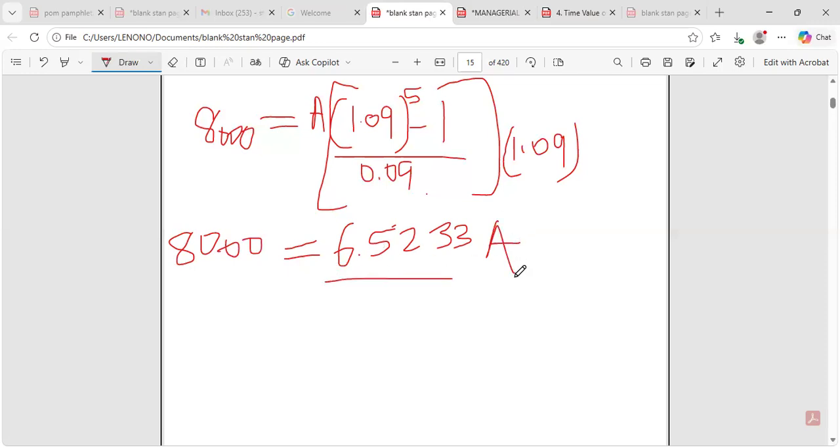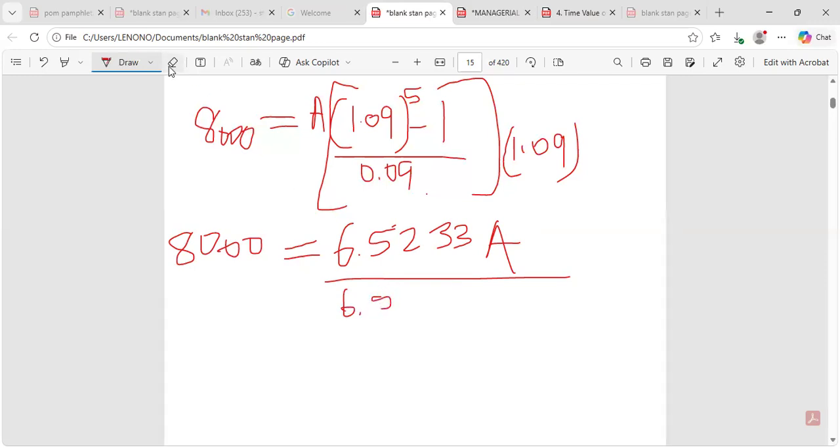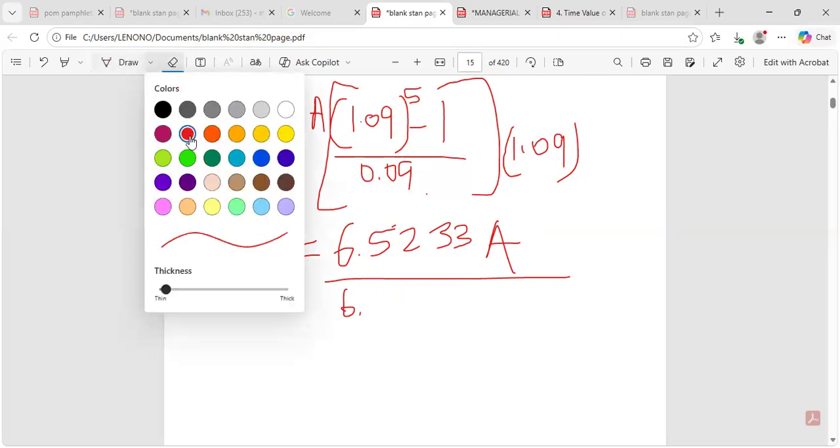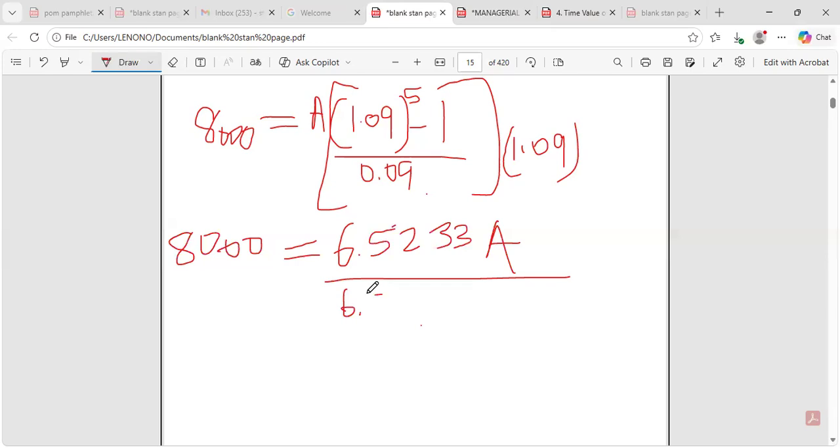So 6.52. Okay, so 6.5233. Even here we divide by 6.5233.